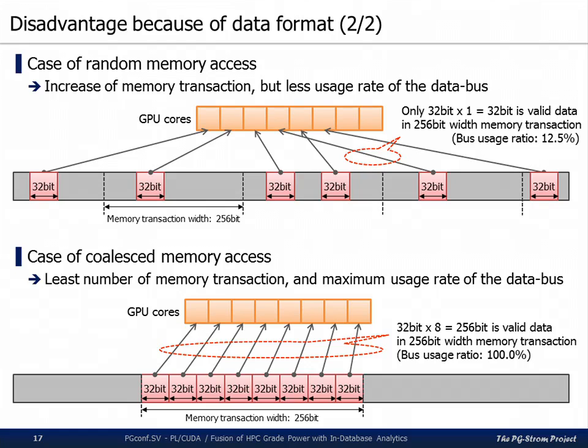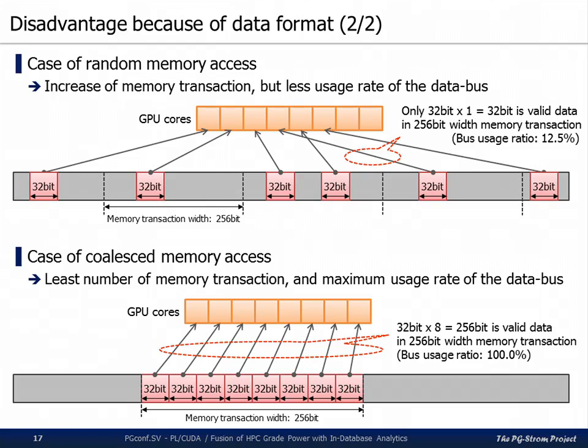In case of row format, the data to be referenced is scattered around the device memory. And once we try to fetch 32-byte blocks, only a small portion is what we'd like to fetch. So in this case, most of the memory bandwidth is junk.